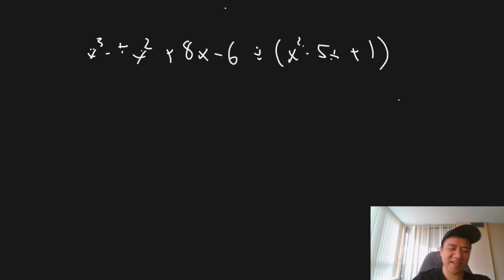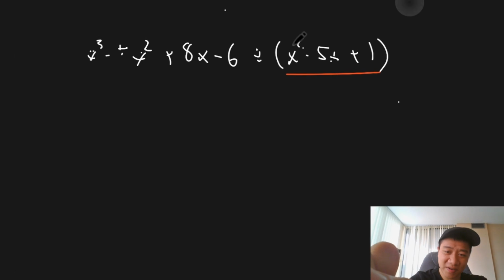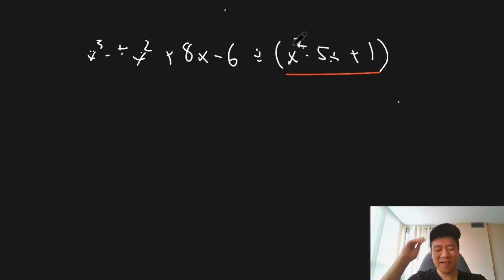So let's say your job is to divide these two. You can't use synthetic division here because our divisor is not degree 1. It's degree 2 because of the exponent here.